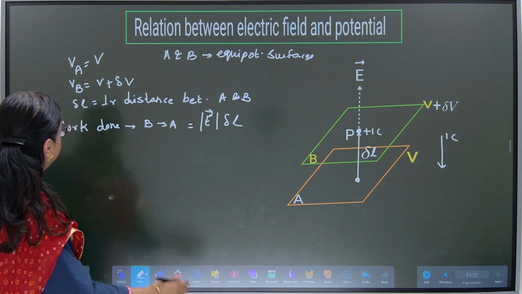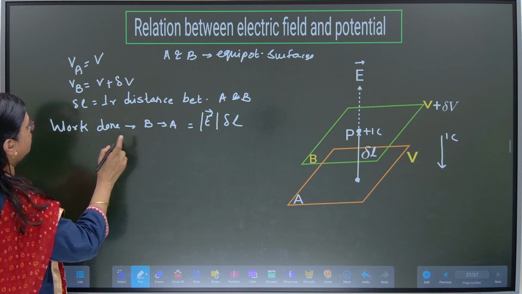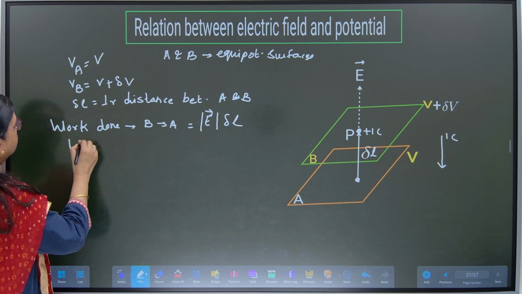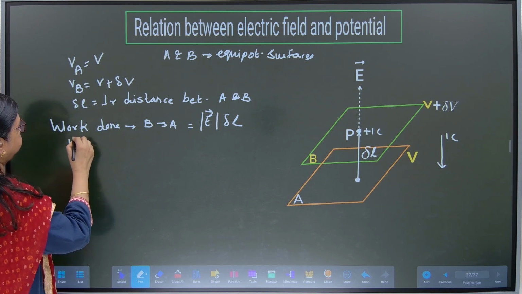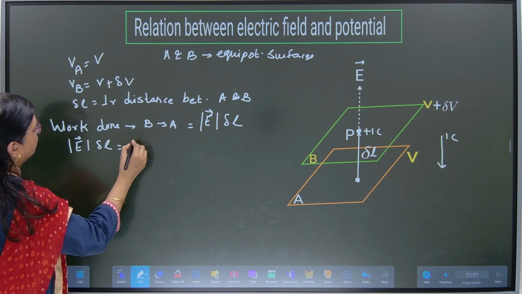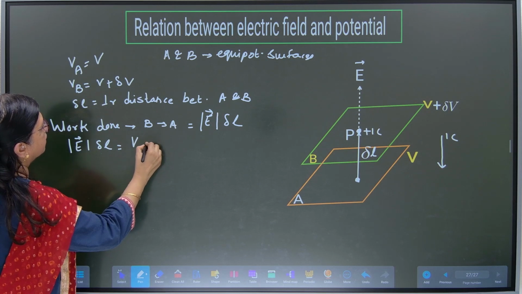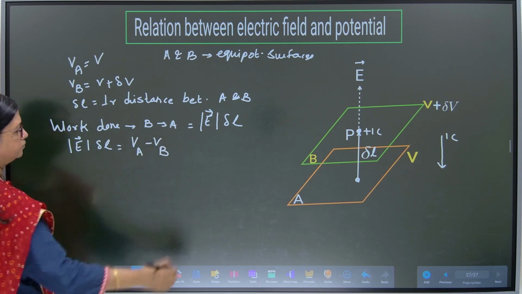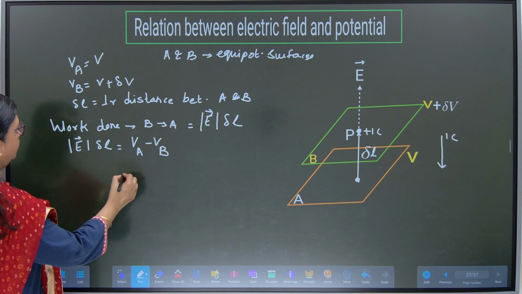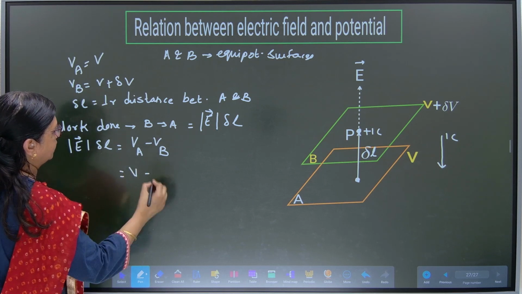This work done is equal to the potential difference VA minus VB. What is VA? V. What is VB?